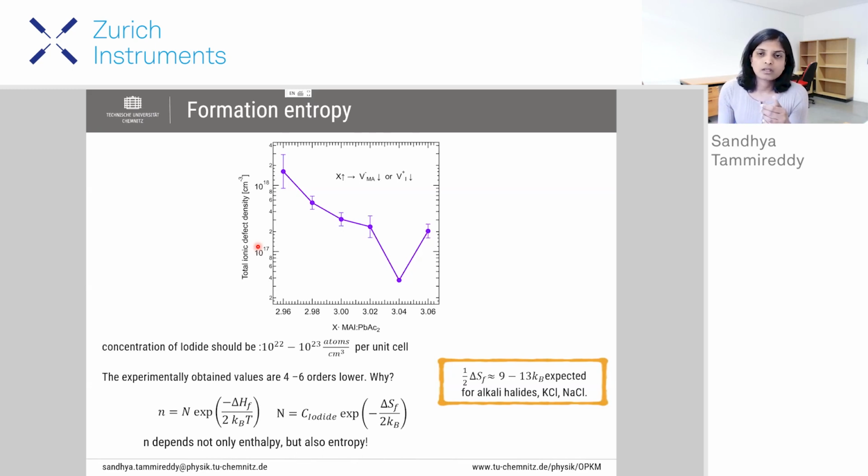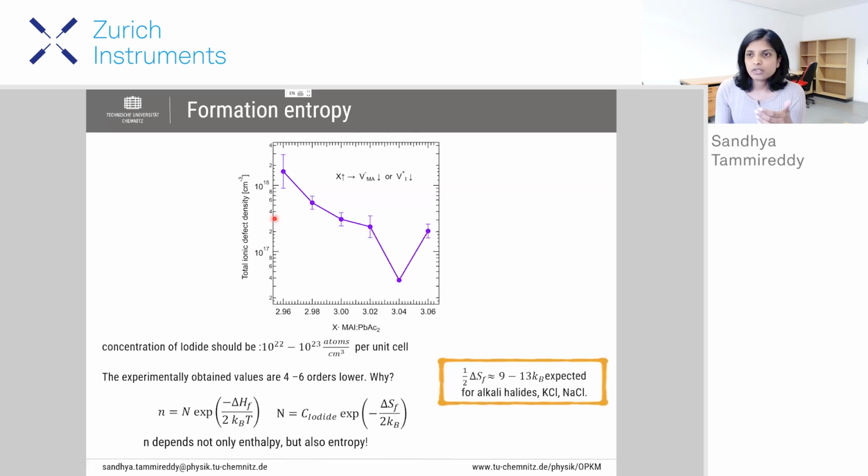So since we already know it's iodide, we calculated the theoretical atoms per centimeter cube density, and we compared it to ours. And our values are at least 4 to 6 orders of magnitude smaller. And we wondered why. Are we really looking at the total ionic defect densities, or is there something hidden?